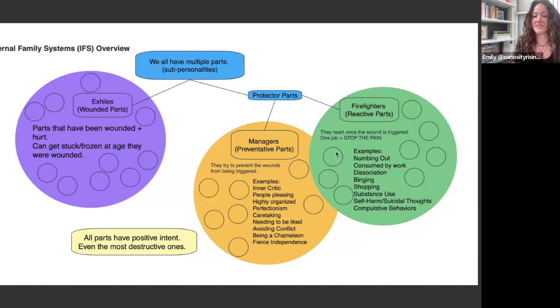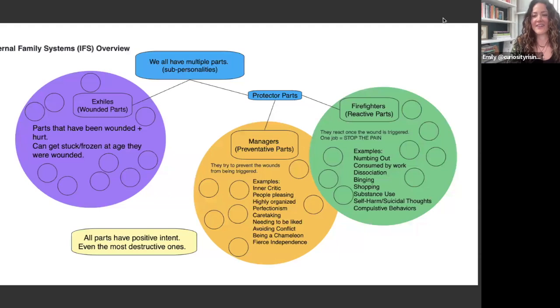Caretaking everybody else's feelings around you, being super vigilant to know how everybody else is feeling, being overly attuned to what everybody else is feeling so that you can tend to everybody else's needs. It could show up as avoiding conflict. Could show up as being a chameleon, being fiercely independent.